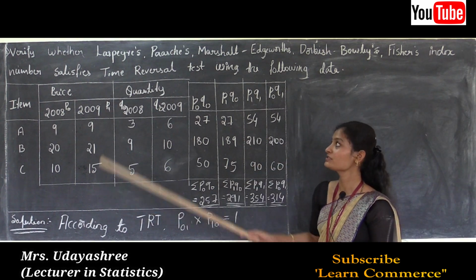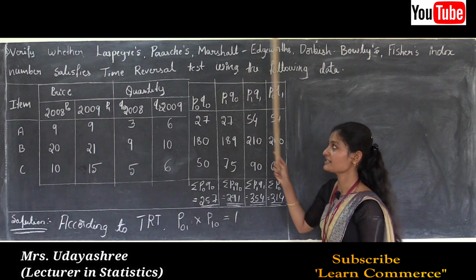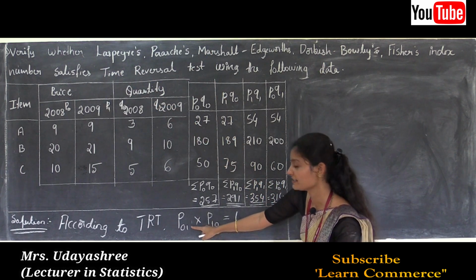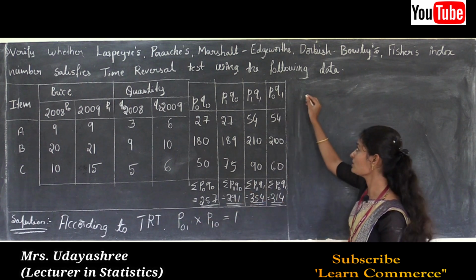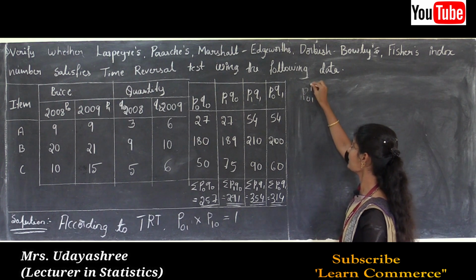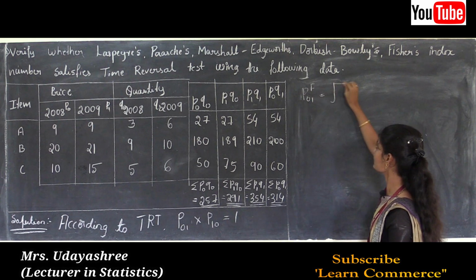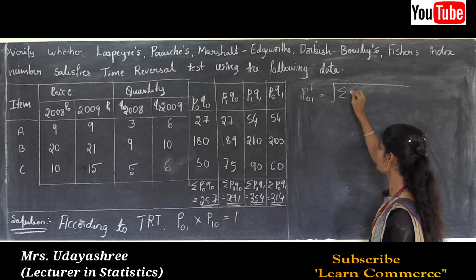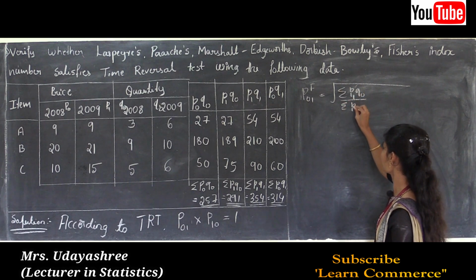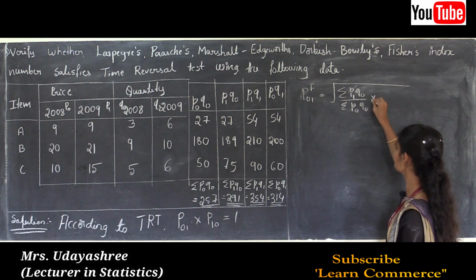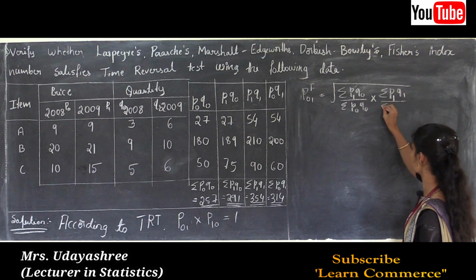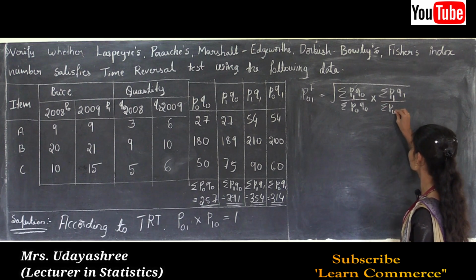Next, to see whether Fisher's index number satisfies the time reversal test or not. Based on this condition, we know the direct formula of Fisher's index number: P01 F is equal to the square root of summation P1 Q0 divided by summation P0 Q0 into summation P1 Q1 divided by summation P0 Q1.